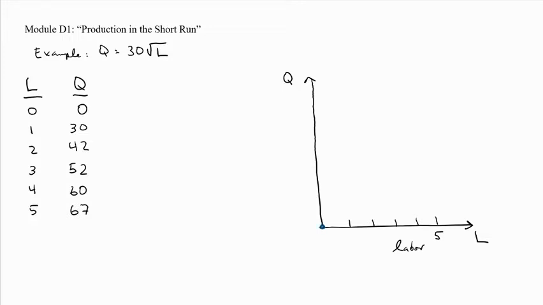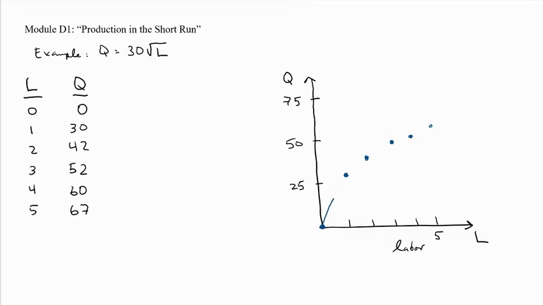Let's put in axes going up to, say, 75 for the total amount of production. That lets us put in a 50 and a 25, and we can sketch then at 1 unit of labor, we end up with an output of about 30. At 2 units of labor, an output of about 42. At 3 units, an output of about 52. At 4 units, we have an output of 60. And finally, at 5 units, we have an output of about 67.